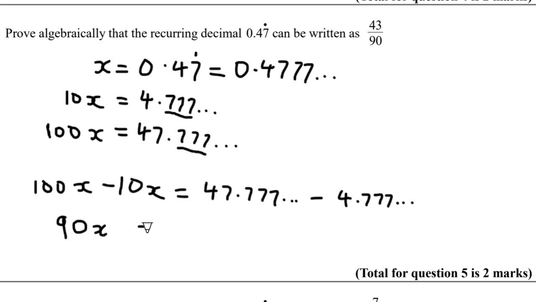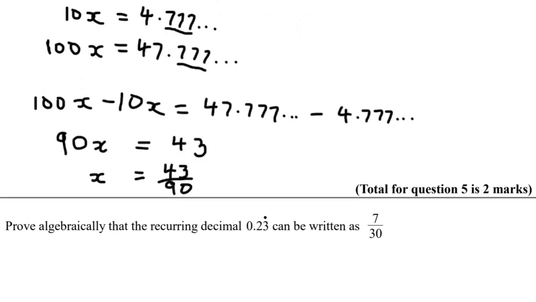And on the right-hand side, we do 47 take away 4, and that is 43. So there you go. When you divide by 90 on both sides, you are getting your fraction 43 over 90. That is equivalent to the original recurring decimal, 0.47.